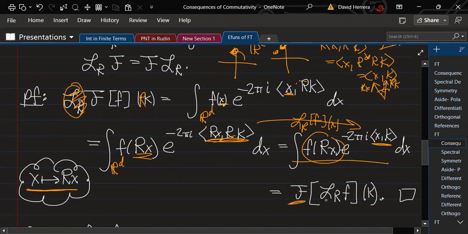So it's saying the Fourier transform of this at k. So what we showed is that, I shouldn't have erased this, it was just for the example, if you do the Fourier transform first of the function and then L_R, it's the same thing as doing L_R first and then the Fourier transform. It doesn't matter what order you do, so that means that they commute.